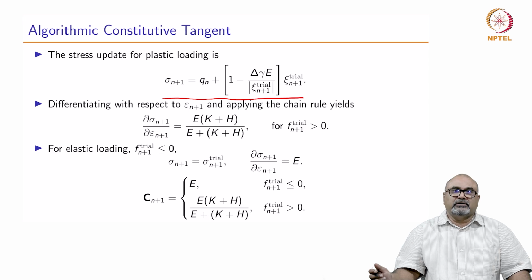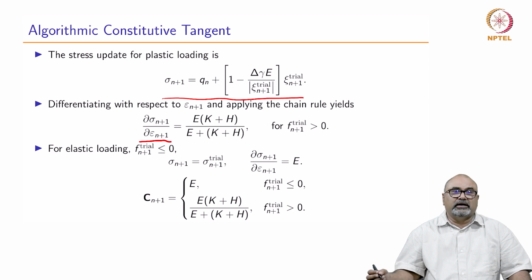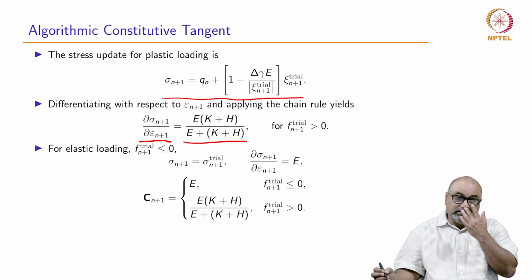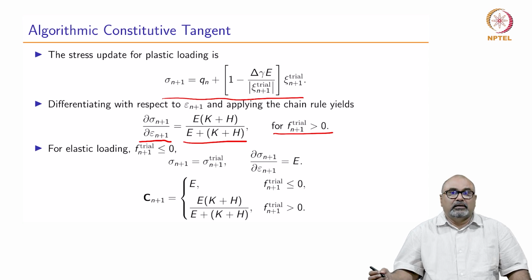Now, differentiating with respect to ε_{n+1} and applying the chain rule, we can get the value of ∂σ_{n+1}/∂ε_{n+1}, which will be equal to E times (K plus H) divided by (E plus K plus H) for F_{n+1} trial greater than 0. So, this is the linearized value of the tangent modulus, ∂σ_{n+1}/∂ε_{n+1}, that we get.